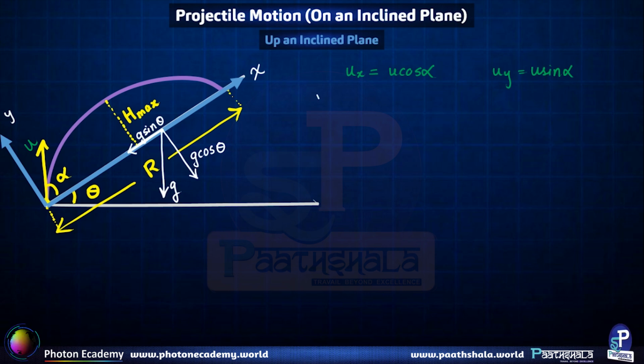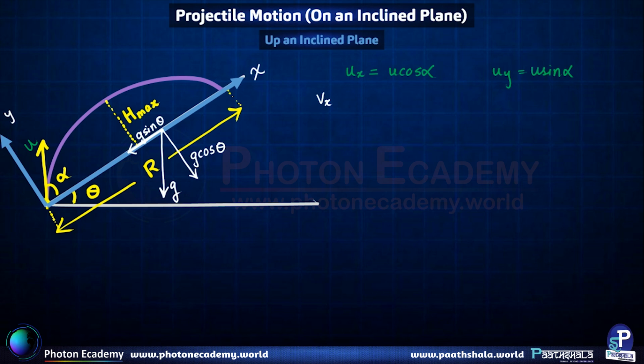So the final velocity or velocity at time t, where t is the time before landing, is given as Vx is equal to Ux plus Ax into t. We are simply using the equation V is equal to U plus At.